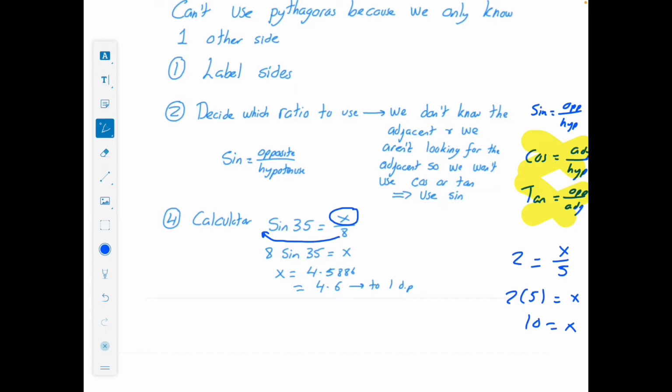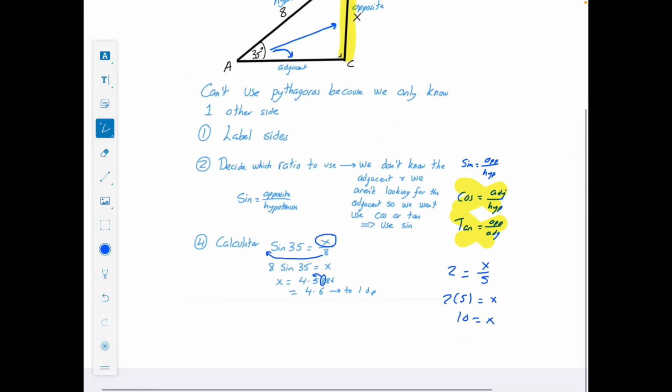So we end up with 8 sine 35 is equal to x, and we can just pop that into my calculator. So 8 sine 35, and I get out 4.5886, keeps going on a little bit after that. We're looking for one decimal place, so we look at the second number after the decimal place. We'll look at this 8, bigger than 5, so we're going to round up the 5 there to a 6.